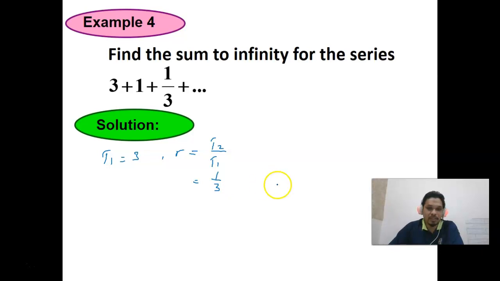So what's next? We use the formula S infinity equals a divided by 1 minus r, which is 3 divided by 1 minus 1 over 3, and that equals 9 over 2.